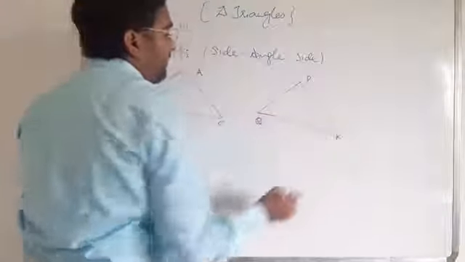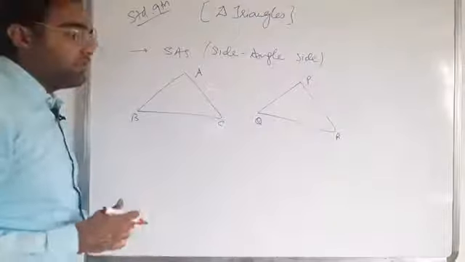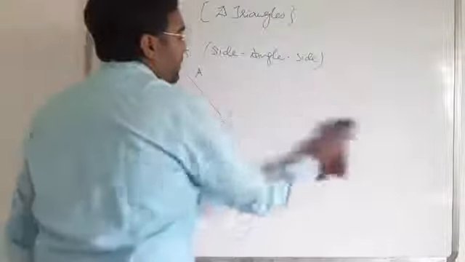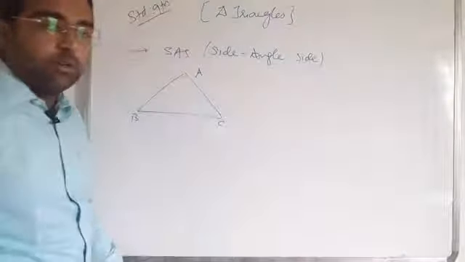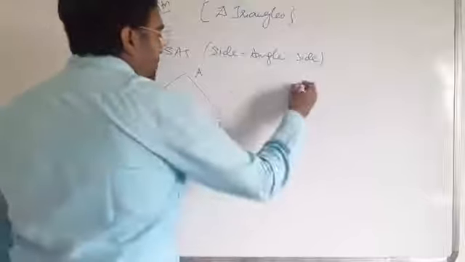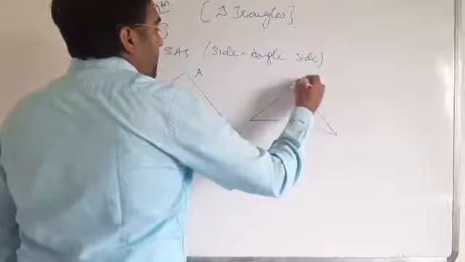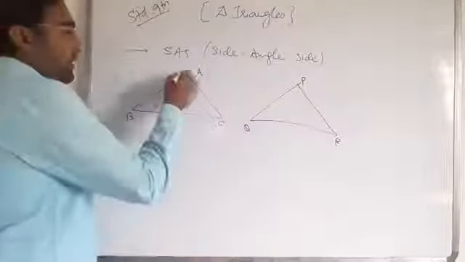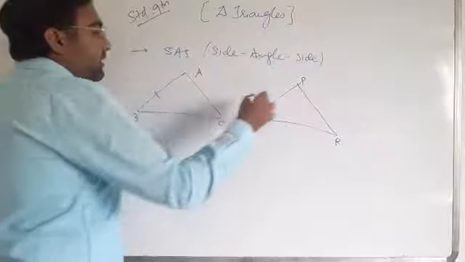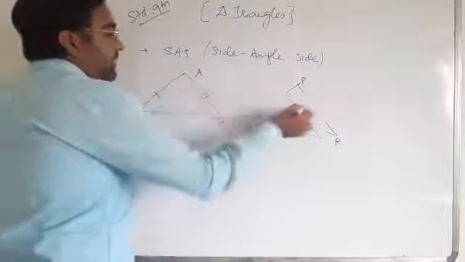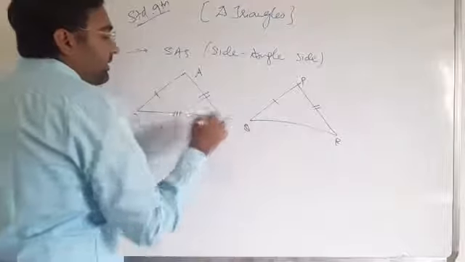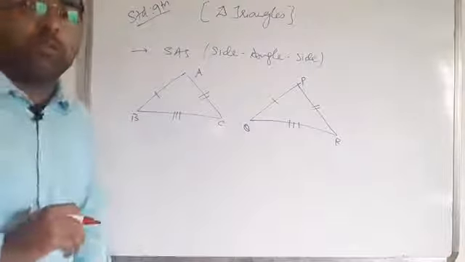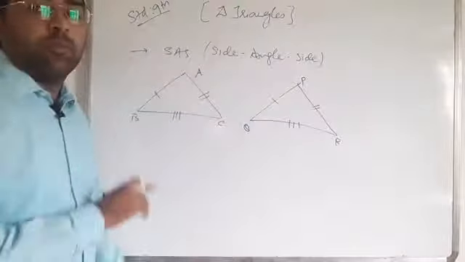From the definition of congruent, both shapes must be the same and their sizes must be equal. So AB is equal to PQ, AC is equal to PR and BC is equal to QR. They have the same size and the same shape.